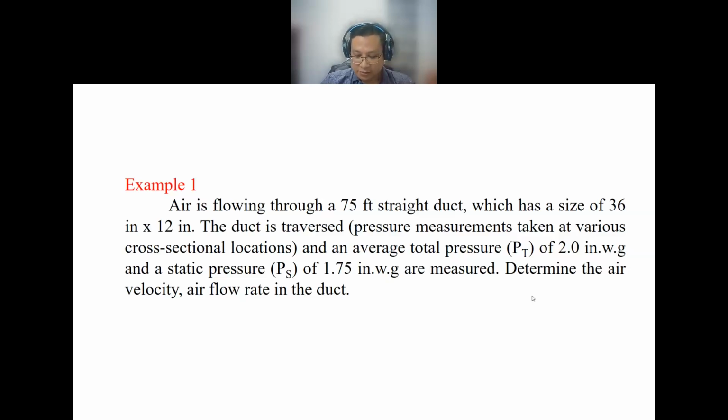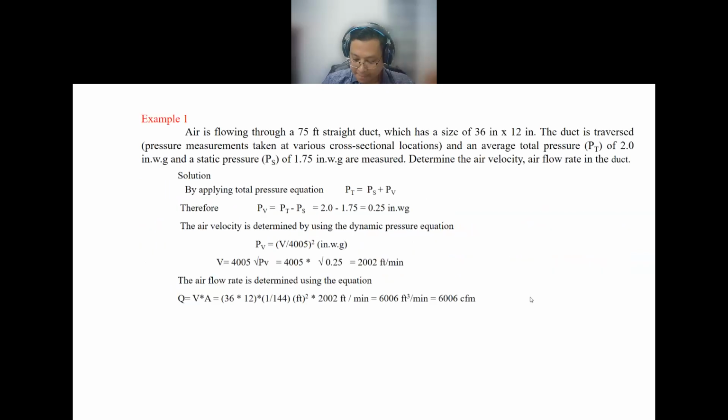Okay, let's check how to use it. Air flowing through the 75 feet straight duct, and then the duct dimension, and then the PT, total pressure, and this one the PS, static. Based on the question, we have the PT and PS. From the formula, total pressure is the sum of static and dynamic.